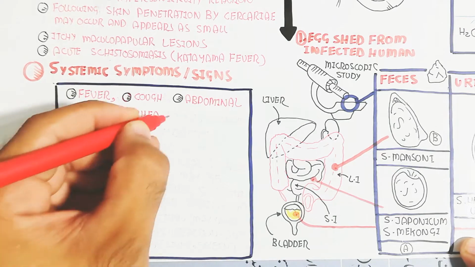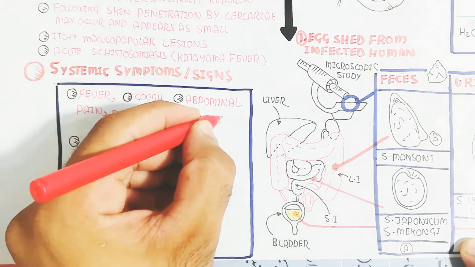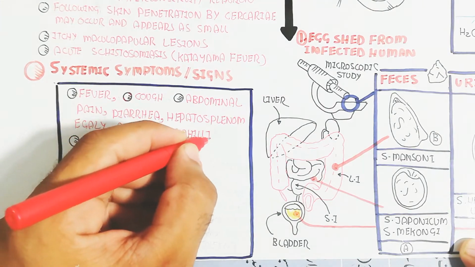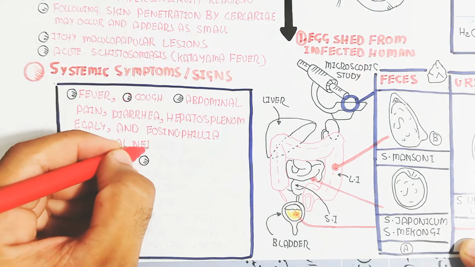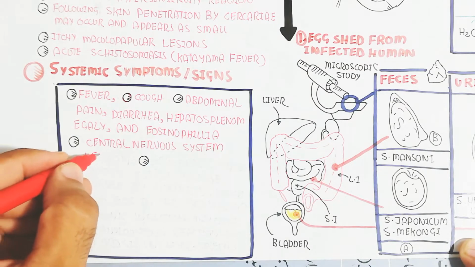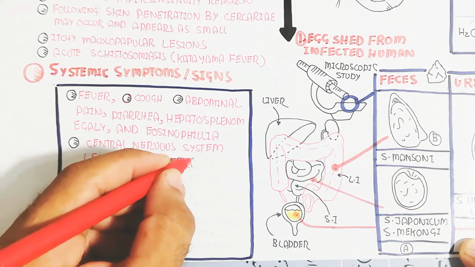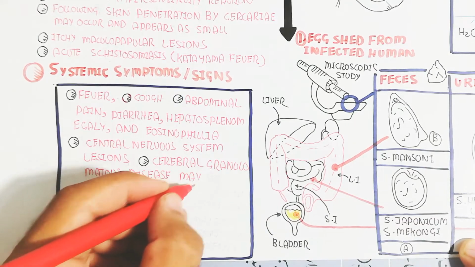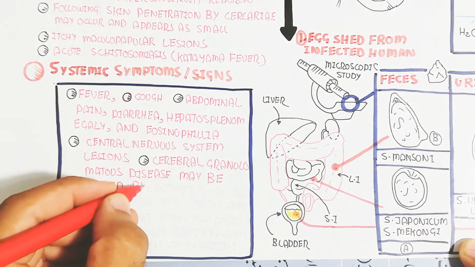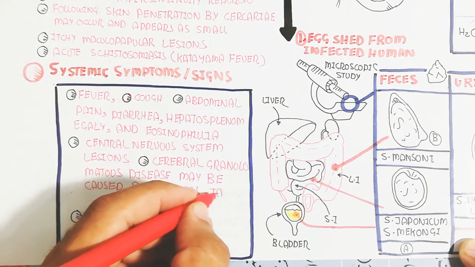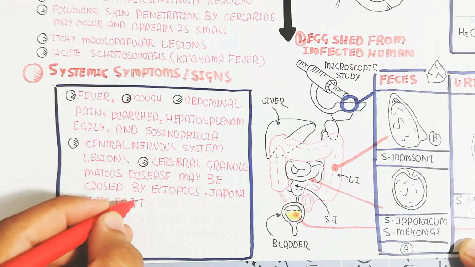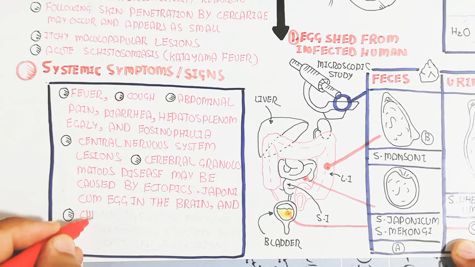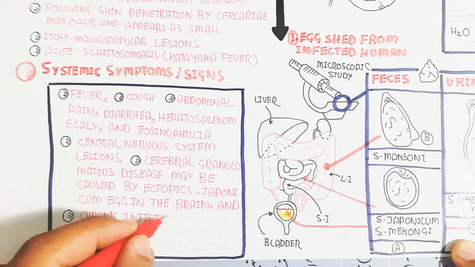Systemic symptoms means the systemic part of the body will show the signs and symptoms. Fever and cough are also common, and abdominal pain is also common due to the infection in the digestive tract, and diarrhea also occurs, due to the abdominal infection, and hepatosplenomegaly, eosinophilia and central nervous system lesions.